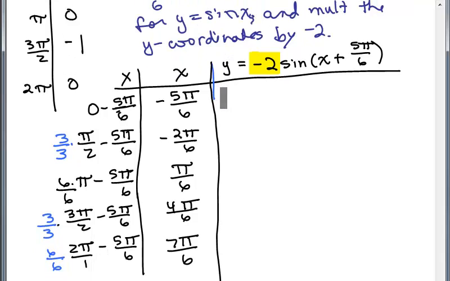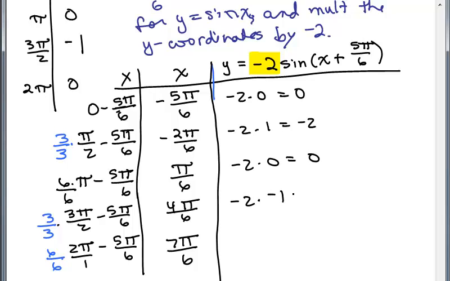So that would give me negative 2 times 0, which is 0. Negative 2 times 1, which is negative 2. Negative 2 times 0, which is 0. Negative 2 times negative 1, which is 2. And negative 2 times 0, which is 0.